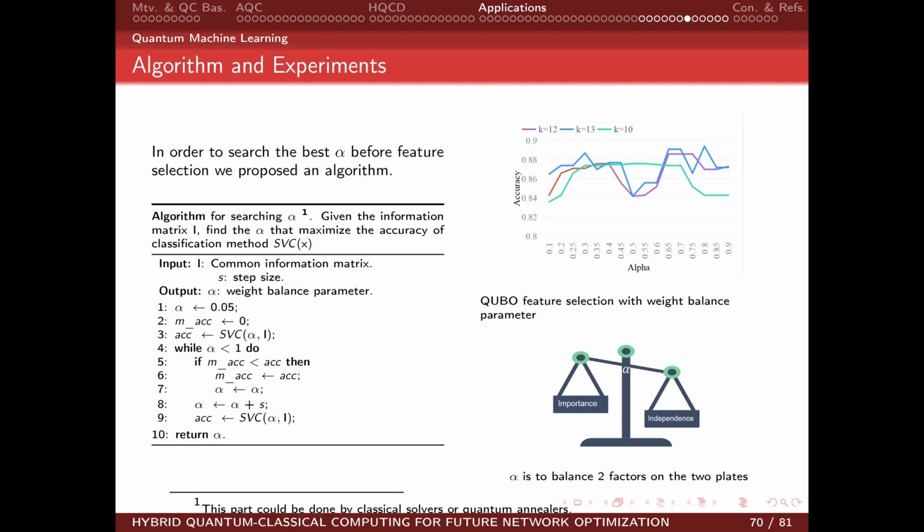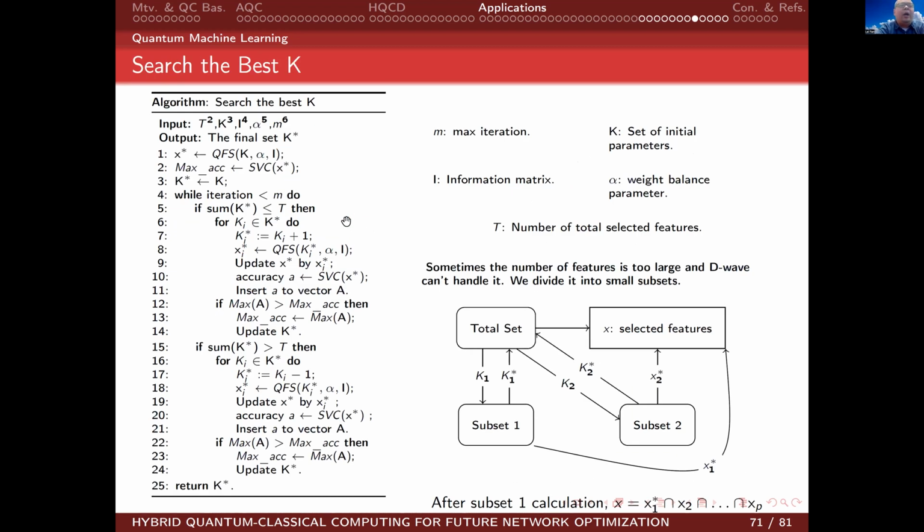We design a search algorithm to search for this alpha so that we can balance these two important terms. In addition, to run our algorithm, we also need to find the best k, which is how many features we want to keep in our system. So this k is the number of features.